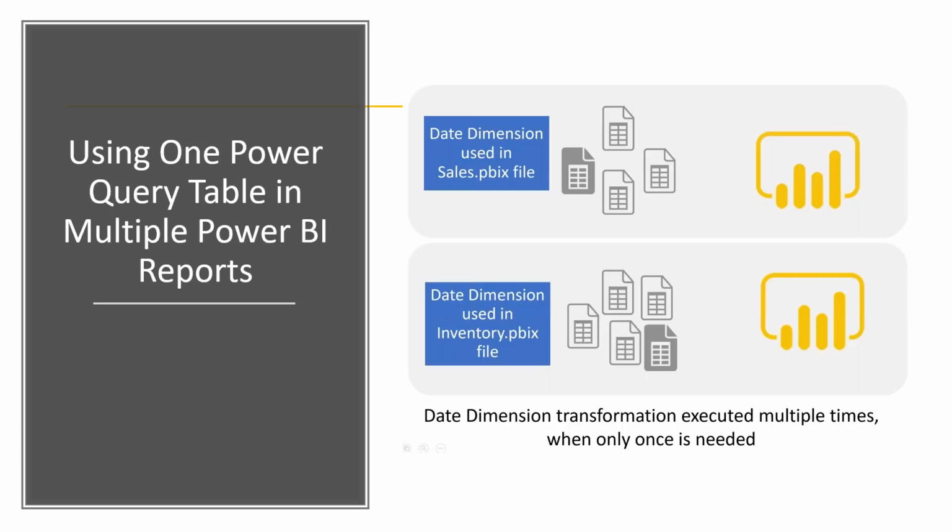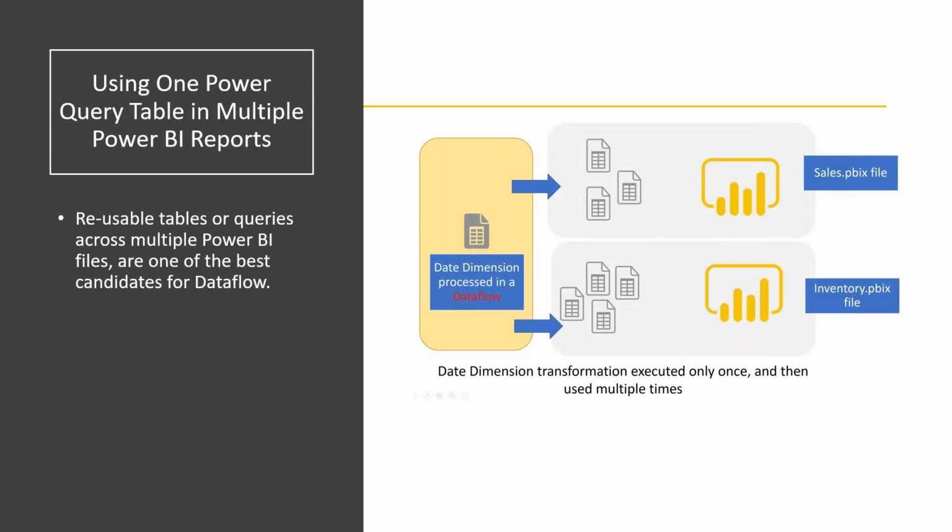If you have a shared query, separate Power BI files are not really good with working with a shared query. However, what you can do is use Dataflow to run that shared query, to store that output into a CSV file in Azure Data Lake, which is the automatic output of Power BI Dataflow.